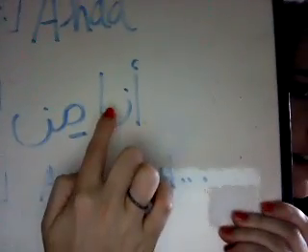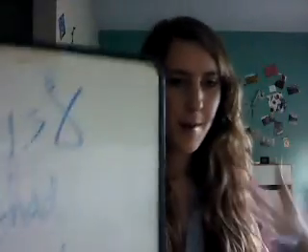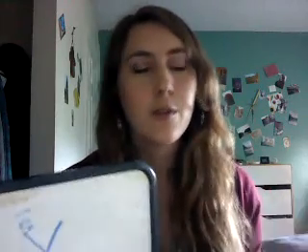Right here is the n, and that word ana means I. This is the n with the dot on top, and then the noon in min is the last letter with the dot, and it goes around this way. So these are the 2 n's in ana min. I'm going to focus a little bit on this letter as well as 4 other letters, 5 in all, like I said.